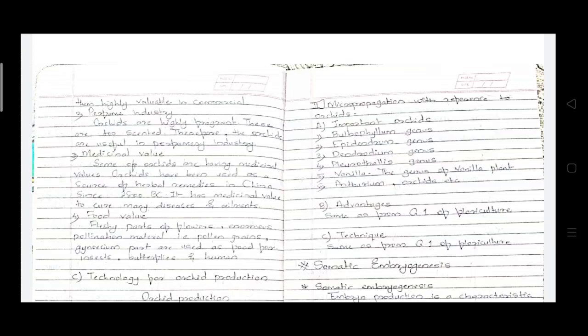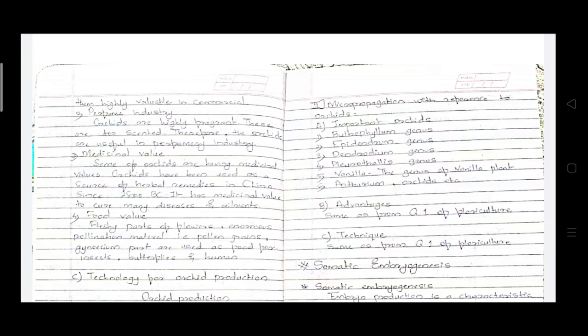So here are some examples that can be cultivated through these micropropagation techniques: some Bulbophyllum genus, some Epidendrums and Dendrobium, Pleurothallis, Vanilla plants, Anthurium orchids.